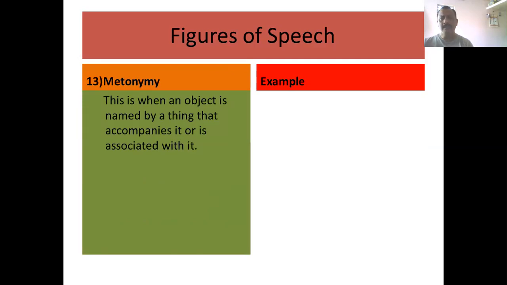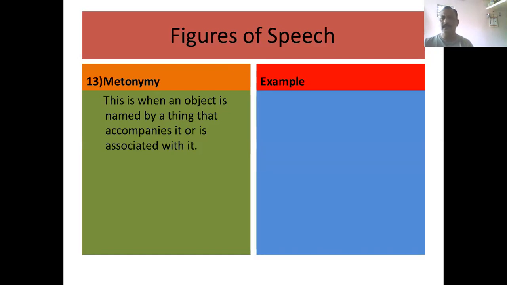Indirectly, when we refer to the king, we refer to the crown because the crown is always on the head of the king. So the poet is using crown instead of king. At that time it is called metonymy.